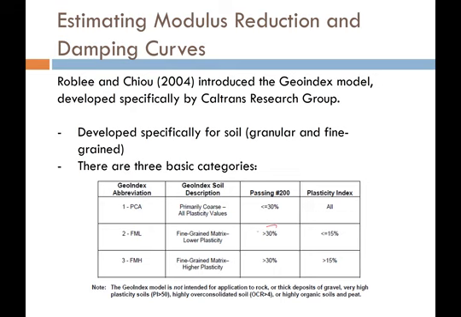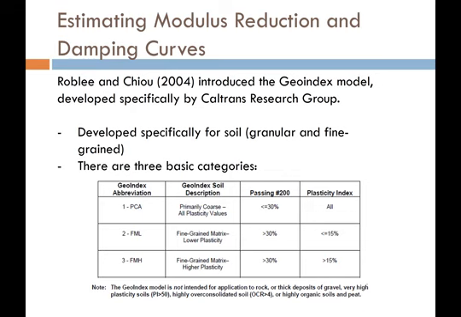Here are the Atterberg limit properties and the fines content properties that define whether or not a soil should be in Category 2. Category 3 is going to be a fine-grained, high plasticity matrix soil, so we're going to have more than 30% passing, again, the number 200 sieve, and a plasticity index greater than 15% in the soil.